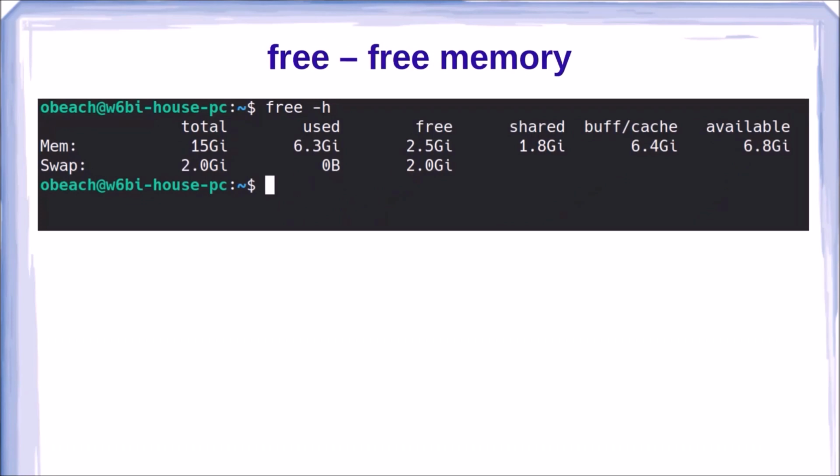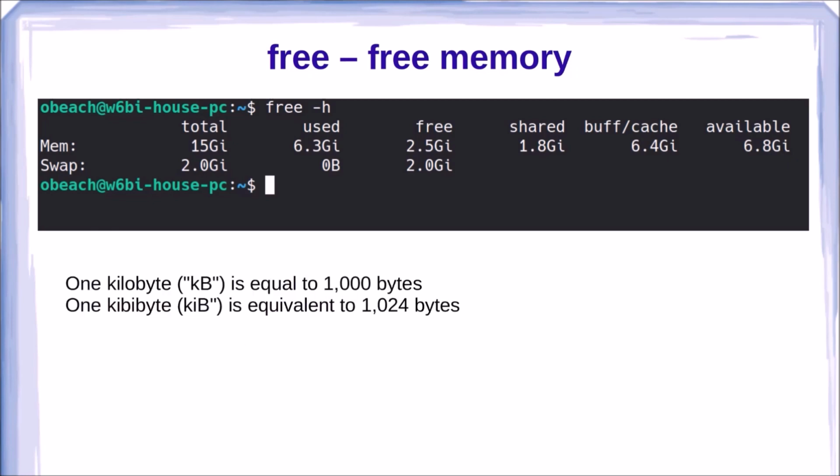Okay, I want to talk about this a little bit. You'd think -H is human in this, and it is, but you'll notice the amounts look funny. That's because in the metric system, a kilo is 1,000. But in computers, a kilo is 2 to the 10th, 1,024. So they differentiate between them. Some people use this, some don't.